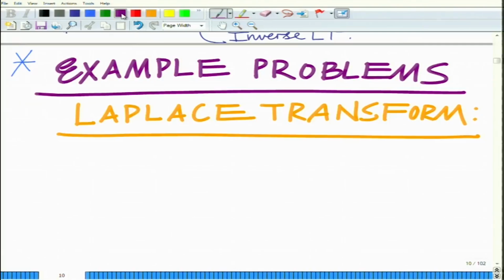What we want to do, let us look at problem number 5.